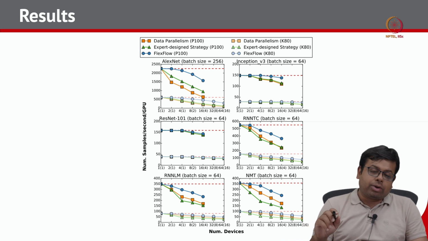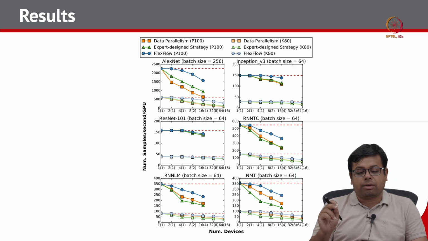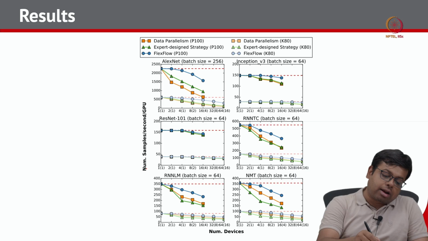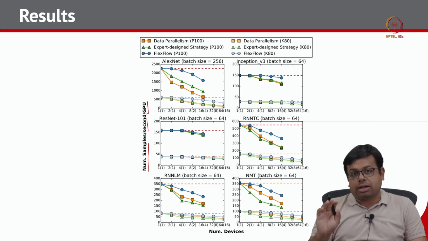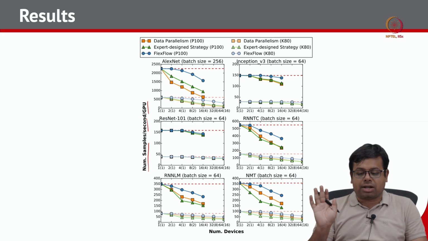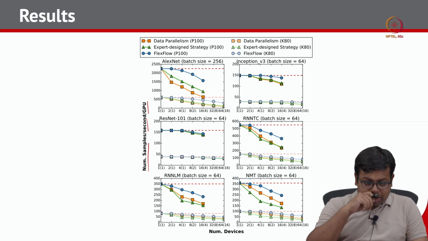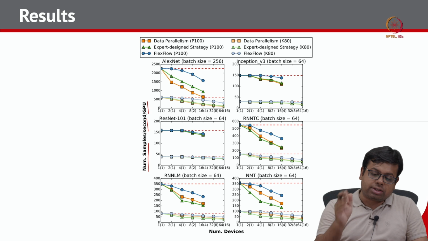Whenever we say improvement, usually the improvement is shown in terms of throughput, like how many samples per second per GPU are obtained through one particular strategy, right. So, that is the definition of throughput. Now, as you can see in this figure, the authors have shown three different strategies.